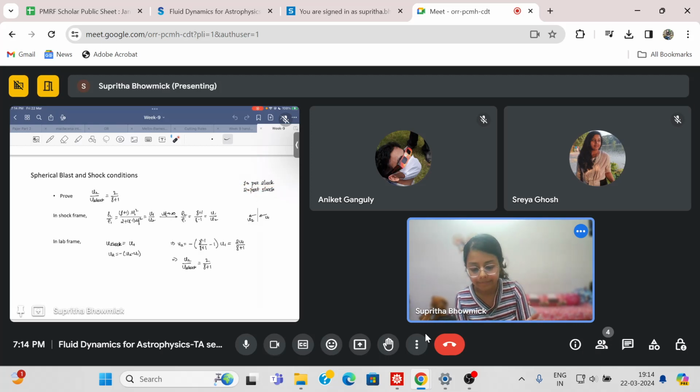Okay. Now we have to prove that u2 by u shock is 2 by gamma plus 1, where u2 over here is the velocity in the shocked fluid in the lab frame. In the lab frame, not in the shock frame.